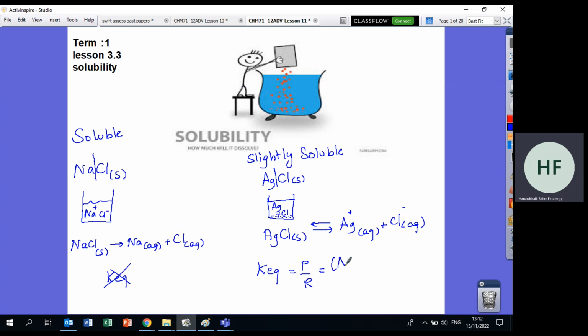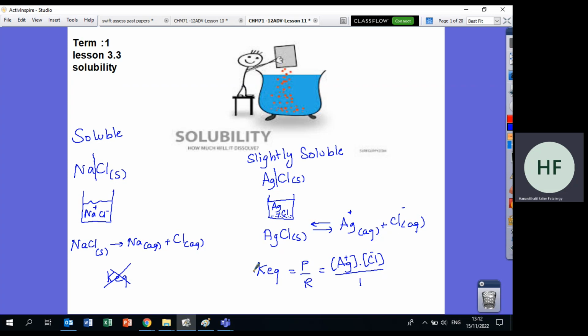The products are Ag and Cl, over, since this is a solid, it will not be counted, so I will say over 1. Be careful, if there are no reactants, I don't put 0, because anything over 0 is undefined. So if this is cancelled, I put 1 instead of it. So KEQ is equal to Ag times Cl over 1.